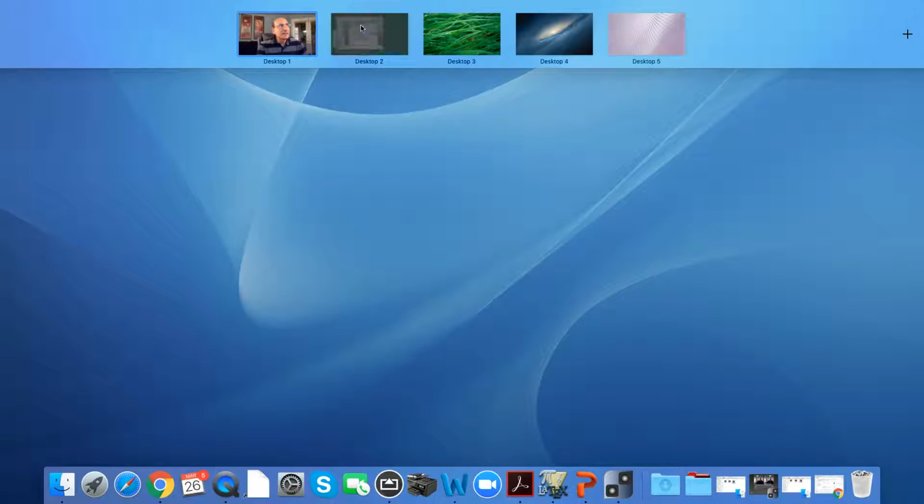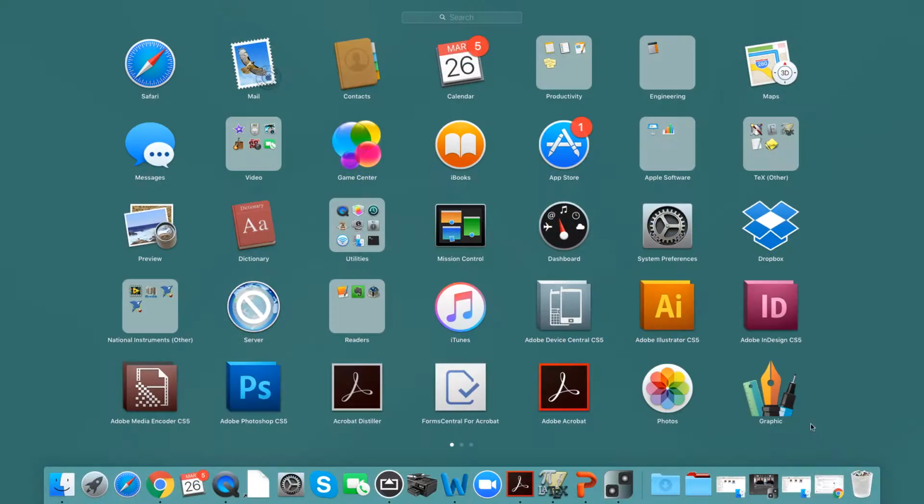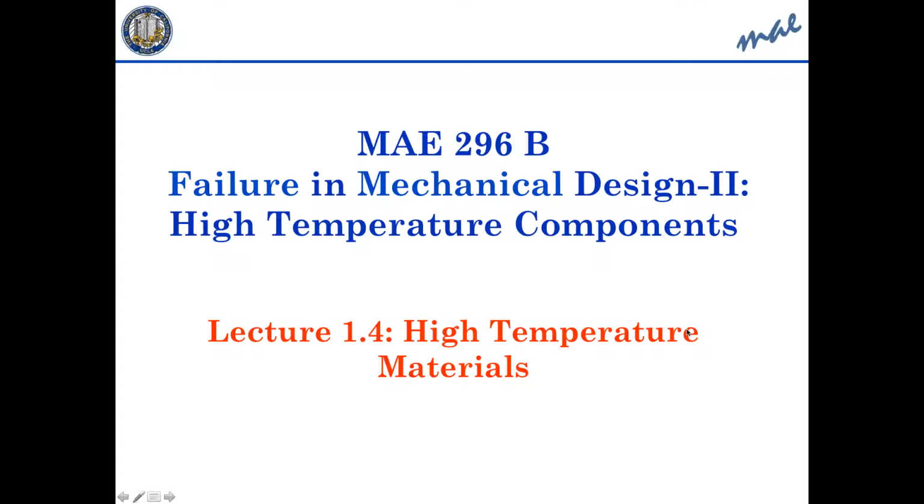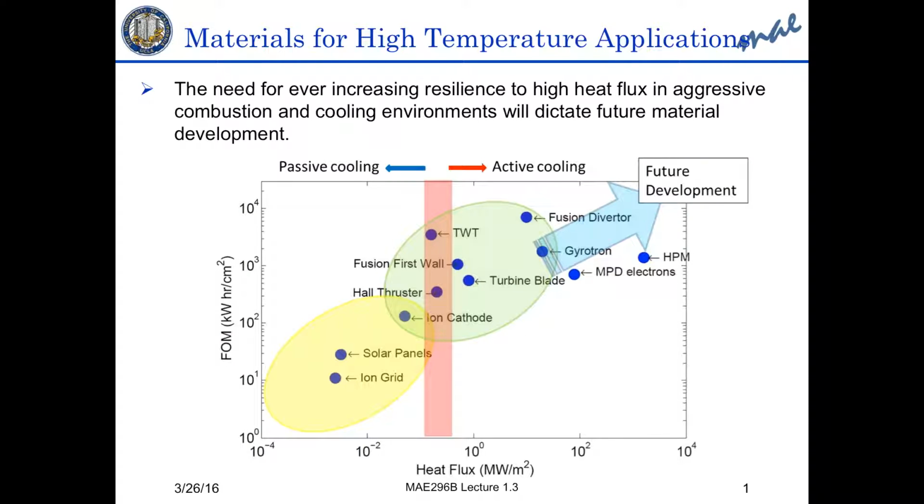So let's look here at the idea of high temperature components. For materials for high temperature applications, we need to measure their importance in dealing with high heat flux.